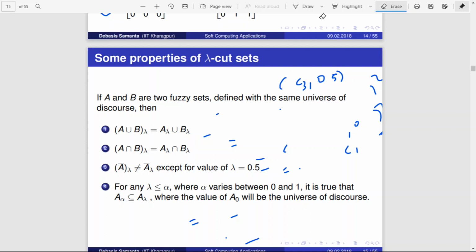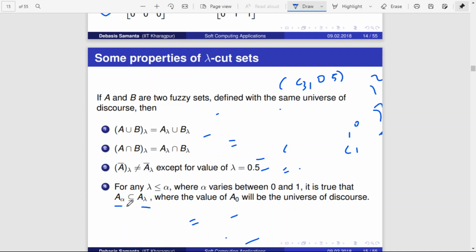For any lambda which is less than or equal to alpha, where alpha lies between 0 and 1, it is true that A alpha will be a subset of A lambda.